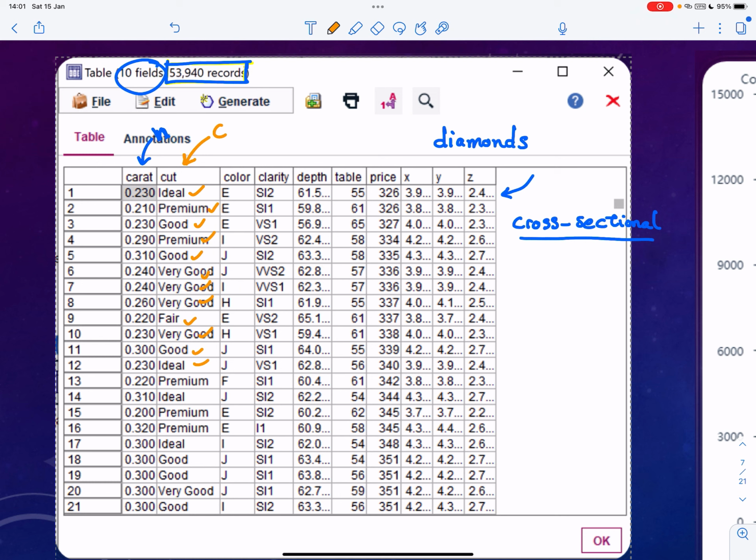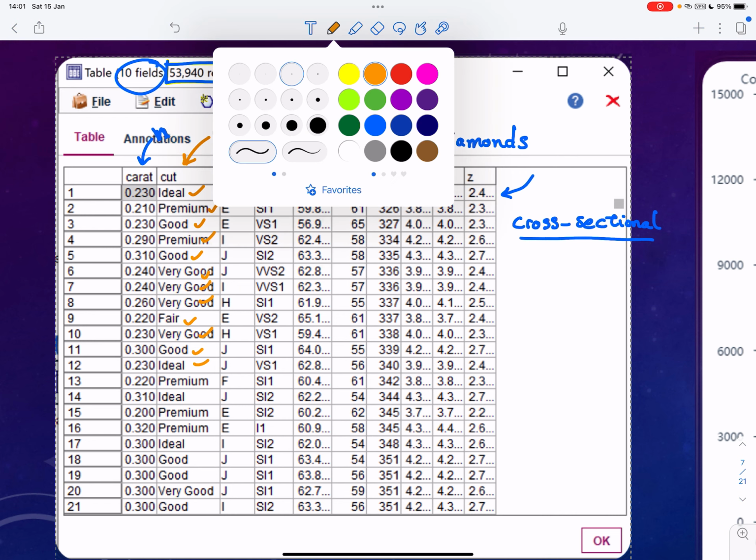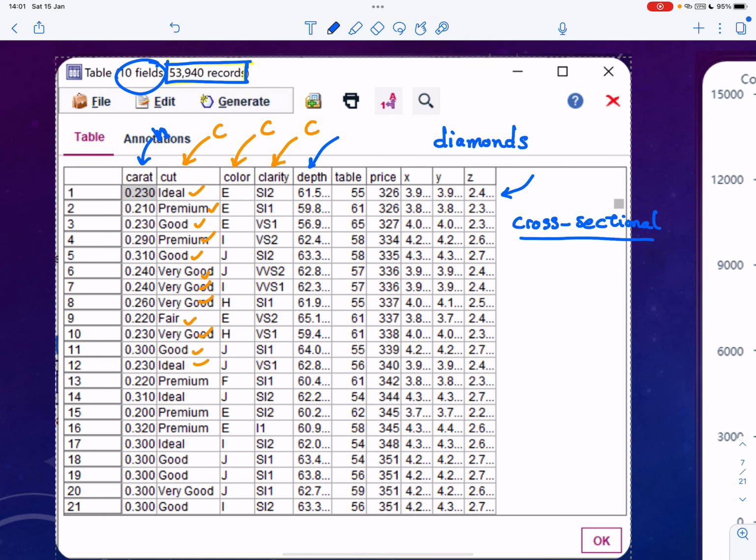What about color? Color has the same story. A few repeating values in order to group the whole records into fewer similar groups. So this one is categorical as well. What about clarity? Same. It is categorical. What about depth? So to me, it's a numerical variable, and indeed it is continuous.